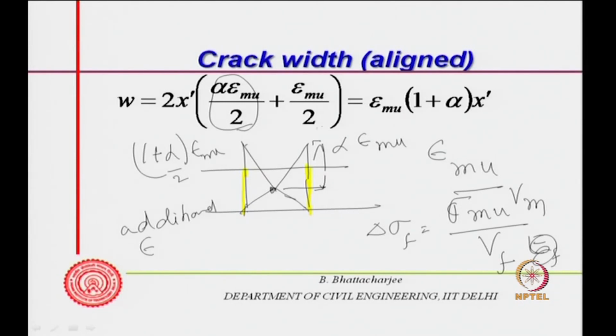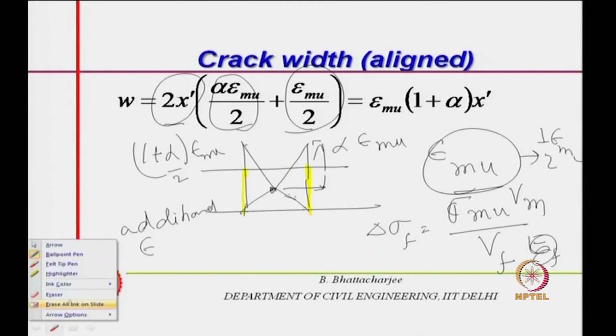Now, how much did the matrix shorten? It was originally epsilon mu, but now the average strain in the matrix has become half epsilon mu. So, the shortening of the matrix is this much. Therefore, this multiplied by the 2x distance will give you the crack width.